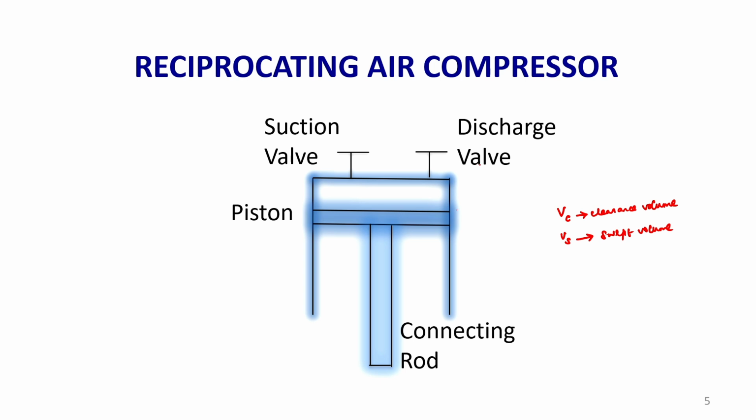After the suction stroke is completed, the air is compressed by the piston, which exerts force on the air and raises the pressure and temperature of the working substance, and it is discharged through the discharge valve. So the suction takes place through the suction valve, and the discharge is through the discharge valve, and the cycle continues.